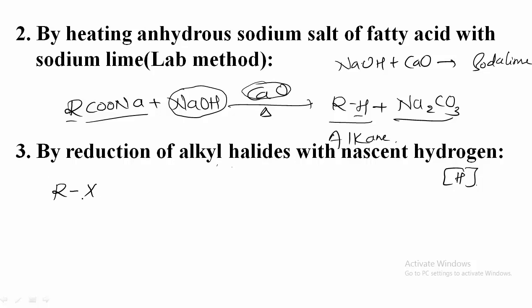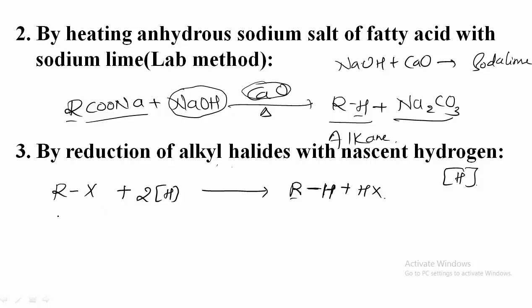When we treat the alkyl halides with 2 moles of nascent hydrogen, we will get RH plus HX. So here in RH, R is any alkyl group which is attached to H.